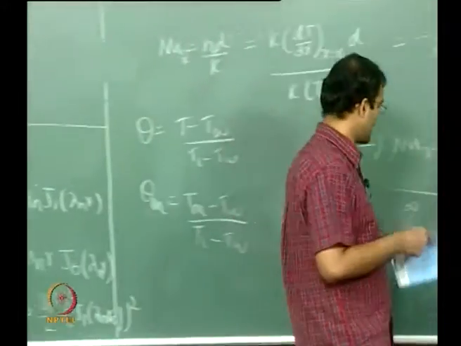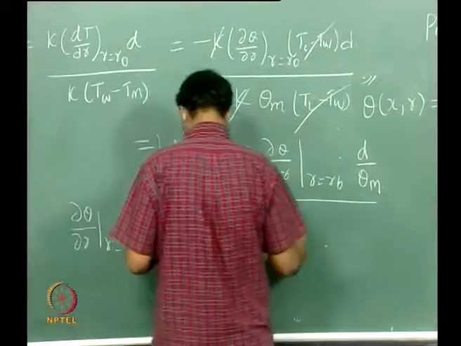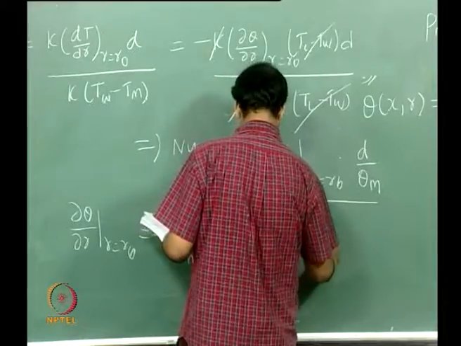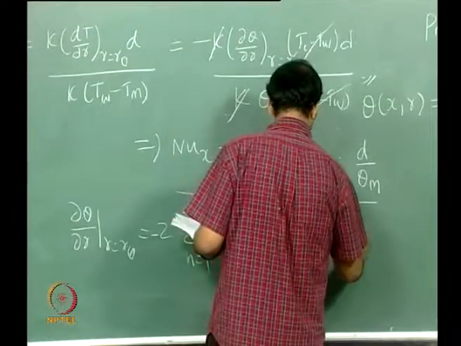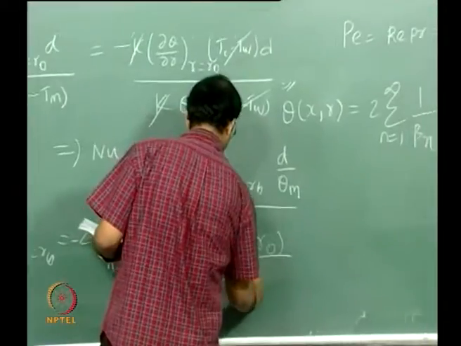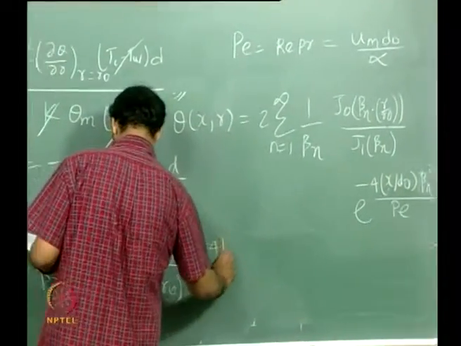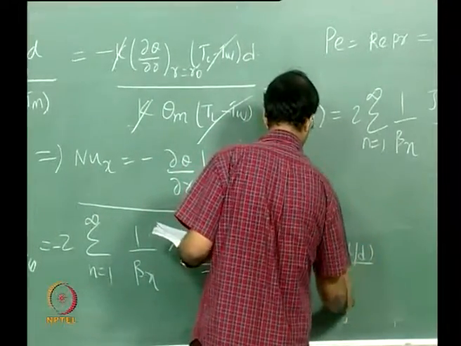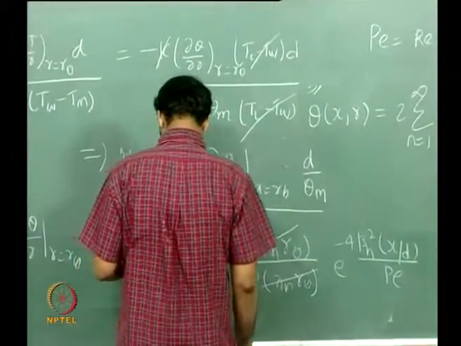So that will put a minus sign here. So this will be lambda n J1 lambda n r, at r equal to r naught, divided by J1 lambda n r naught into e power minus 4 beta n square x by the Peclet number. So once again these two will cancel off.